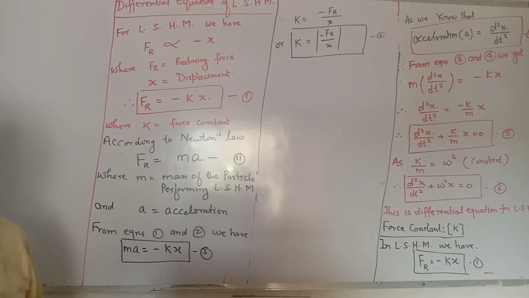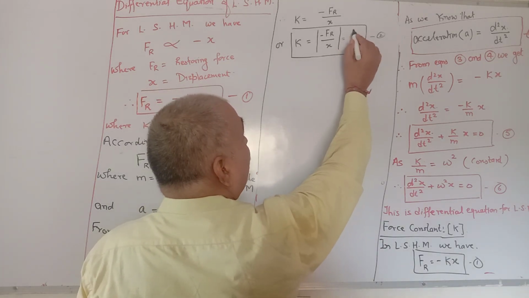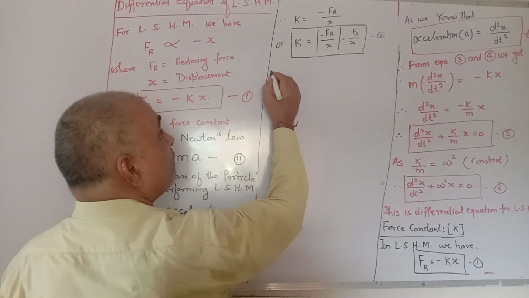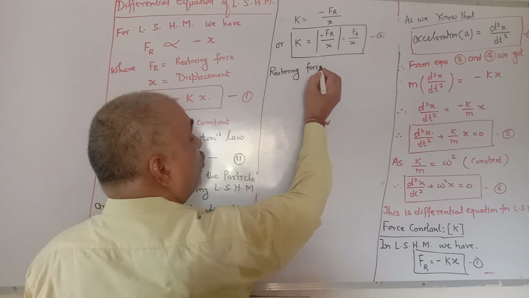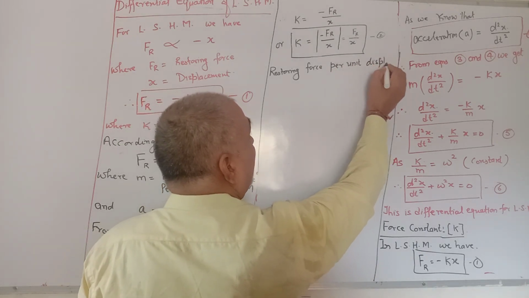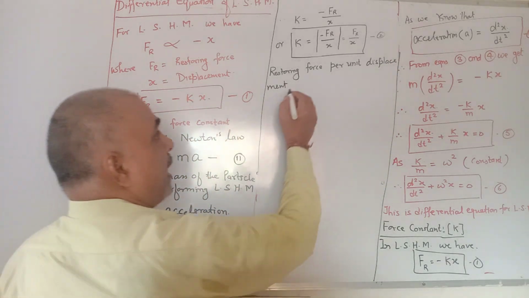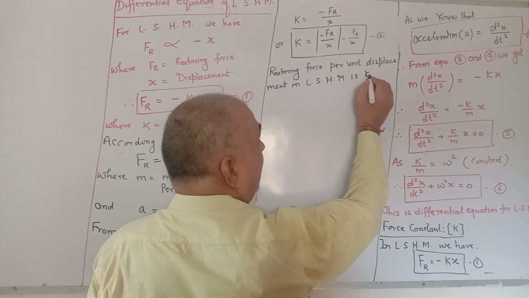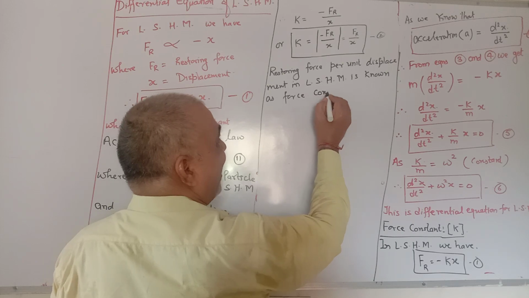From equation number 2, we can give the definition of restoring force constant. This you can write as Fr upon x also. Therefore, restoring force per unit displacement in linear simple harmonic motion is known as force constant.